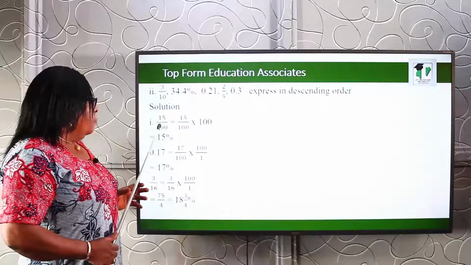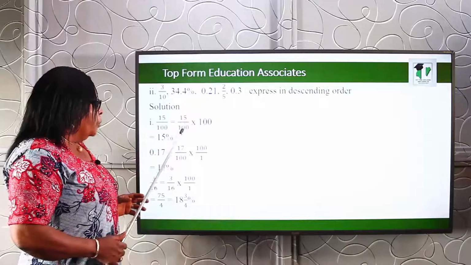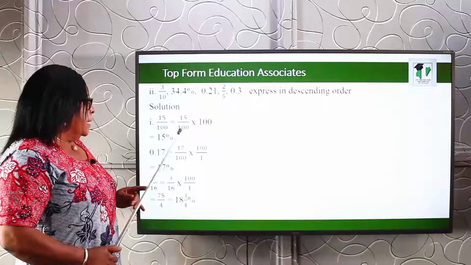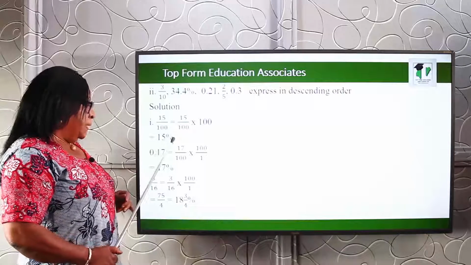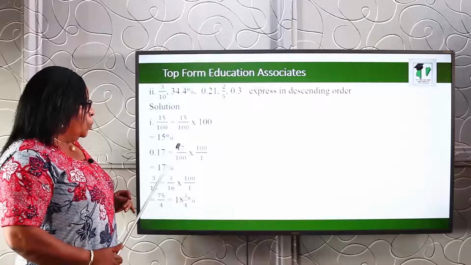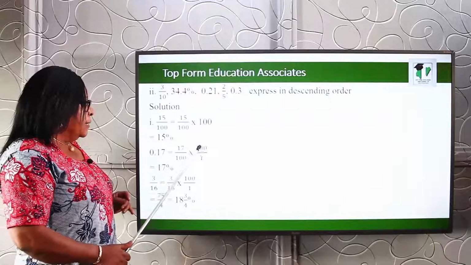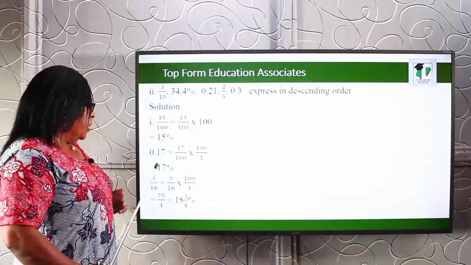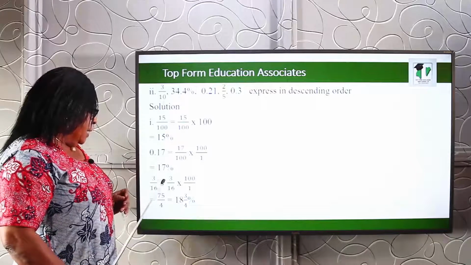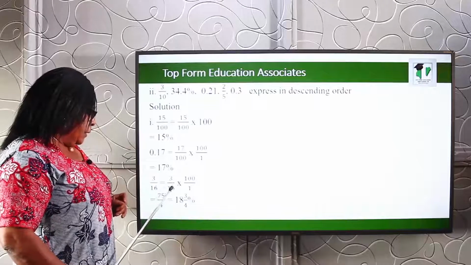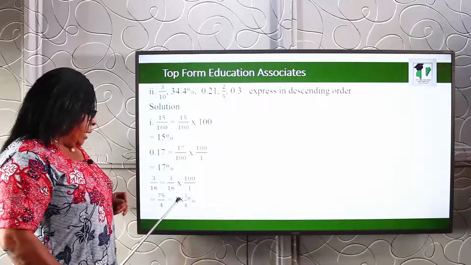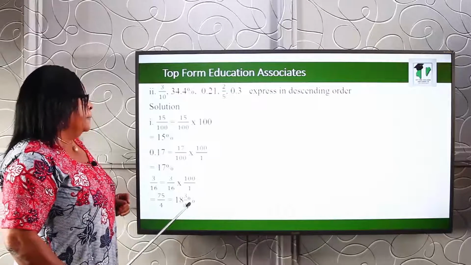So 15 over 100 is 15 over 100 times 100 over 1 to convert to percentages, and that gives us 15%. 0.17 is equal to 17 over 100 times 100 over 1, which is 17%. 3 over 16 is equal to 3 over 16 times 100 over 1, which is equal to 18.75%.